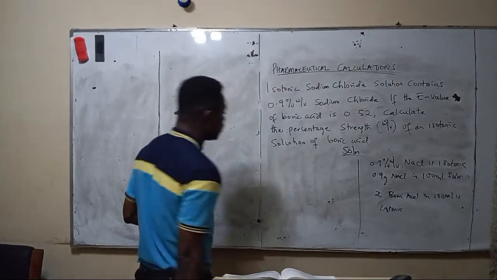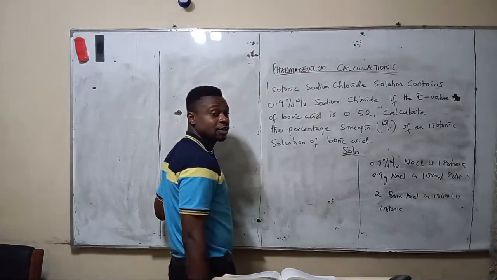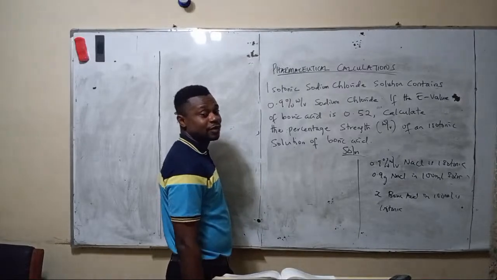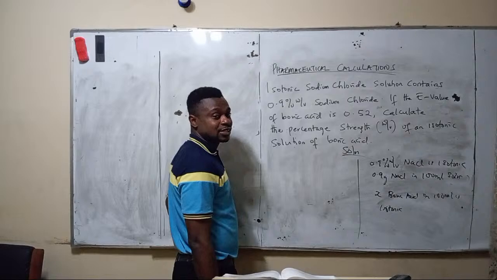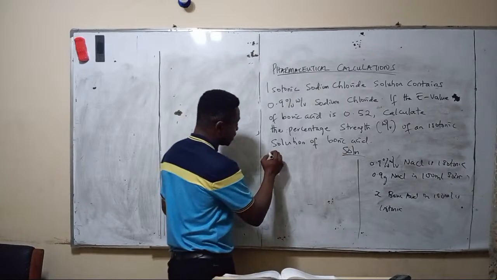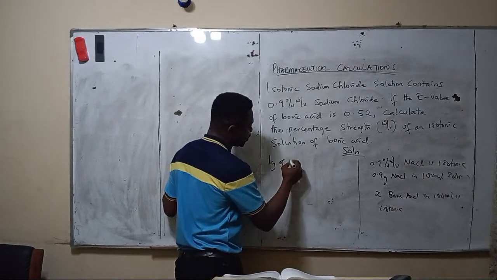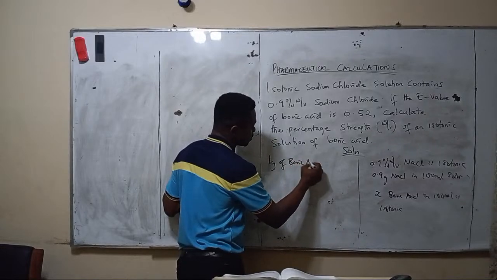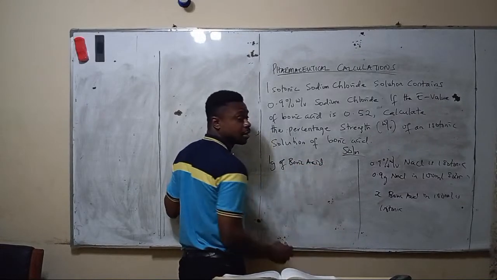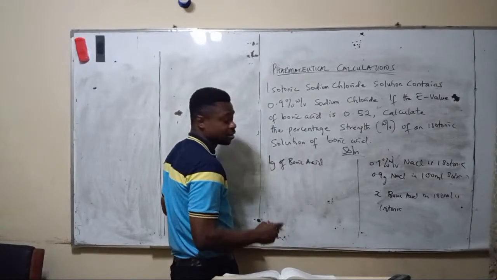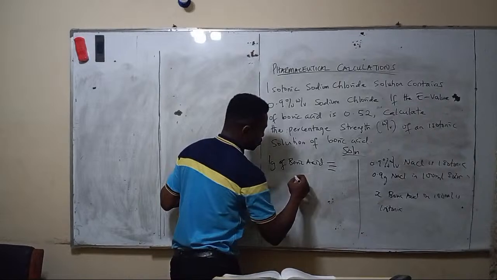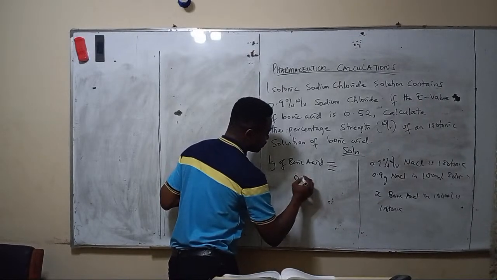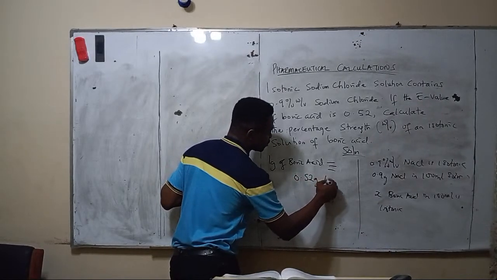So let's do it. From the definition of E value, which is sodium chloride equivalent, if the E value of boric acid is 0.52, what it means is that 1 gram of boric acid has the same tonicity, or is equivalent to 0.52 gram of sodium chloride.